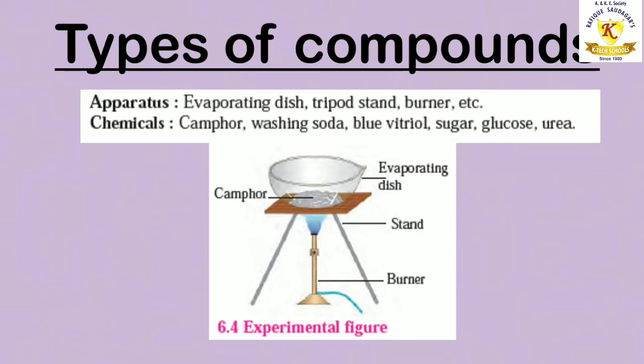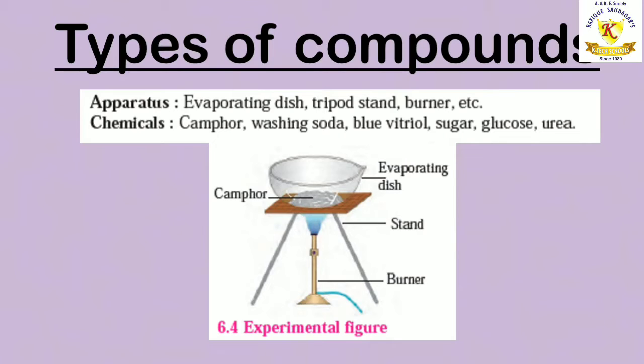For the experiment, we will need some apparatus like an evaporating dish, tripod stand, burner, etc. And the chemicals which we need are camphor, washing soda, blue vitriol, sugar, glucose, urea, etc. So these are the chemicals and apparatus used.